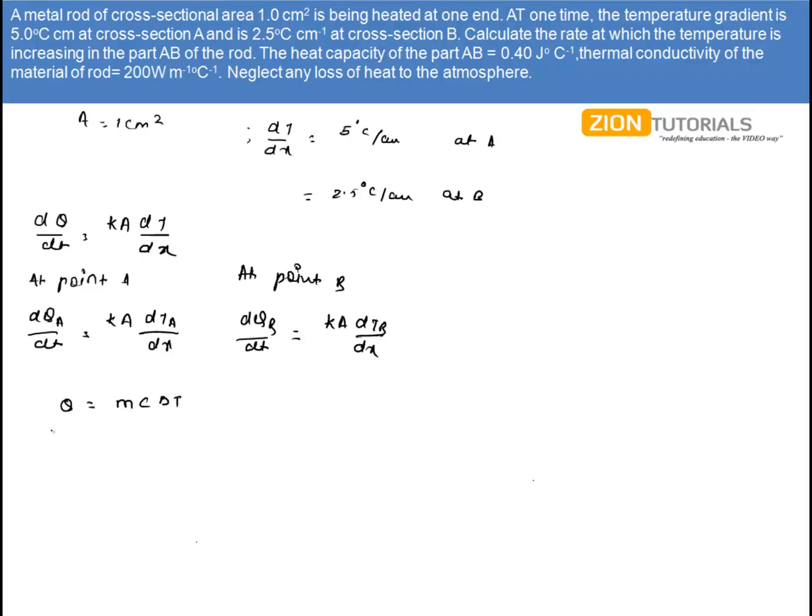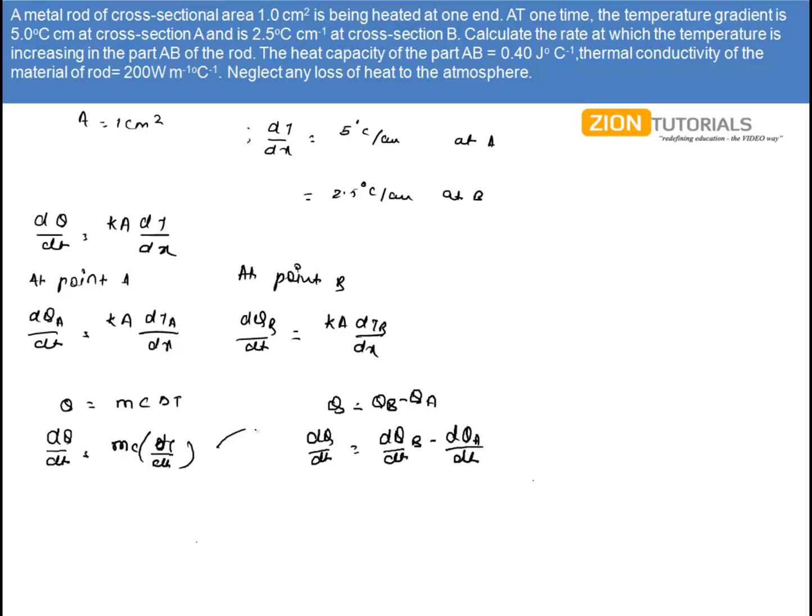So on differentiating both sides, I have dQ by dt as mc delta T by dt. Now, of course, this Q will be equal to QB minus QA, or I can write dQ by dt as dQB by dt minus dQA by dt.